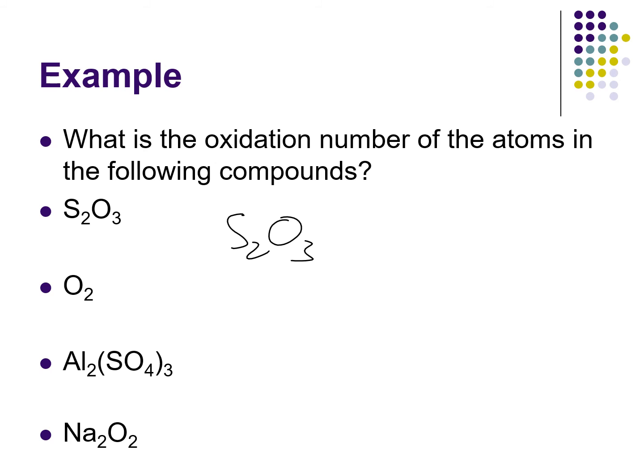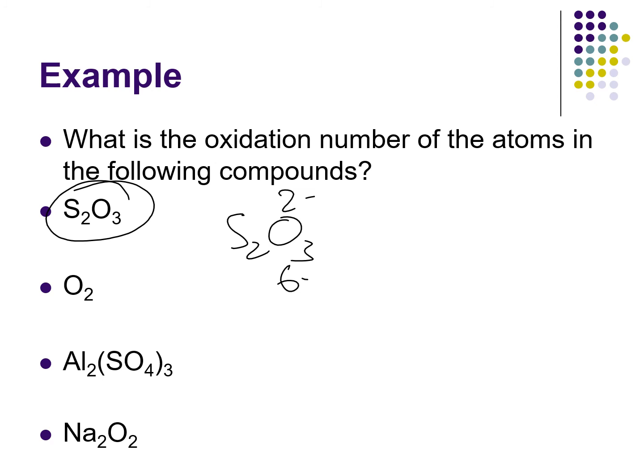There's no ions present. It's not a pure element, so the first few rules go away. Oxygen will always be a 2 negative because that's what oxygen is in a compound. There's 3 of them, so there's a total of 6 negatives. Now, the overall compound we see here is neutral.